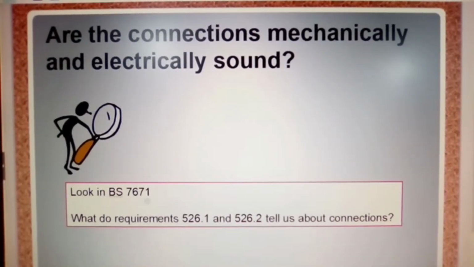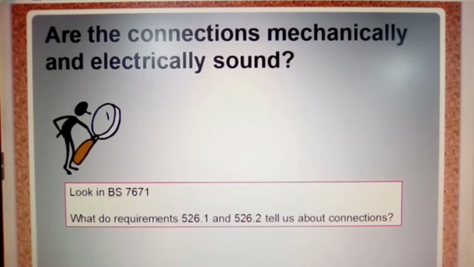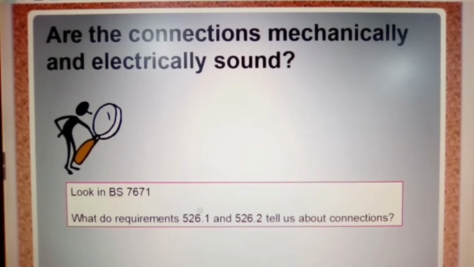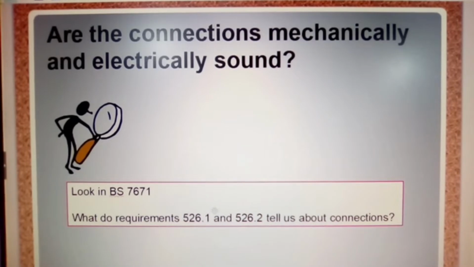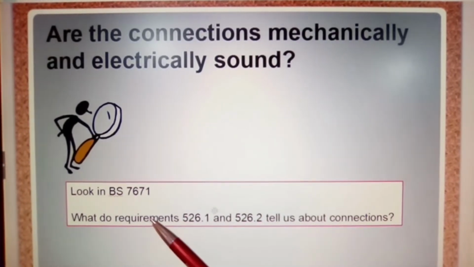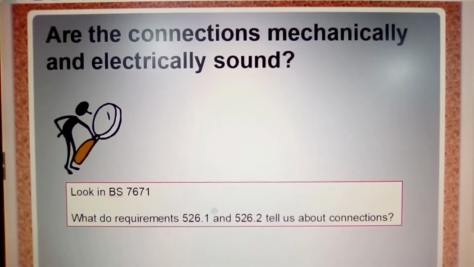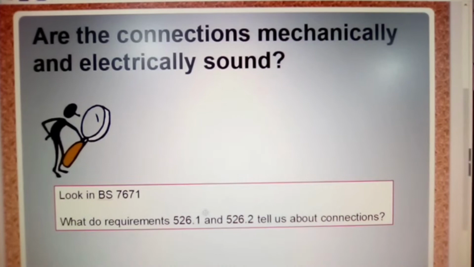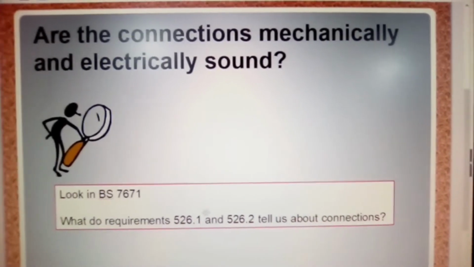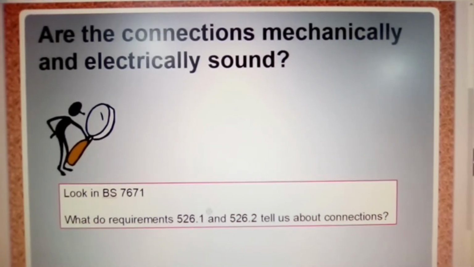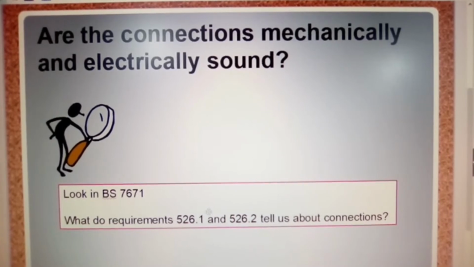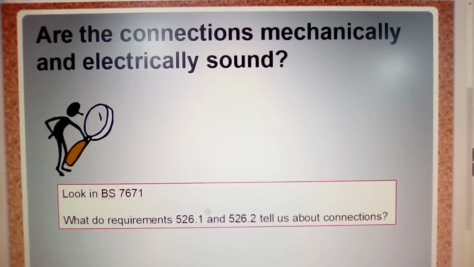Look in BS 7671, and again make sure that you've complied with the current regulations of the IET regs, as these regulations are up to be changed or modified at points in time. So make sure you're looking at the correct installation regulations in respect of whether the connections are mechanically and electrically sound.